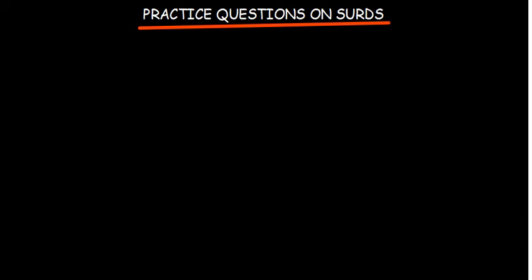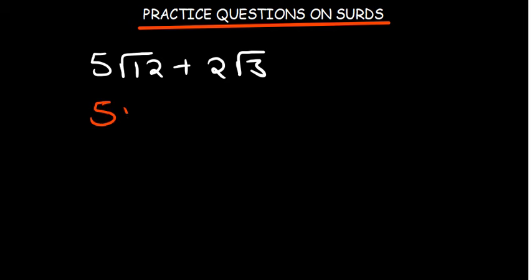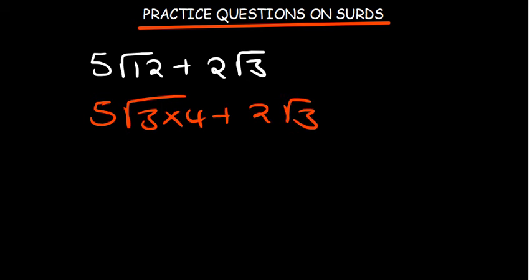Okay, let's try to move. Now, let's say you've been given 5 root of 12 plus 2 root of 3. How do you simplify that one? So basically, these are very easy. So root 12 is the same as what? 3 by 4. So 2 root of 3, that is already in the simplest form.